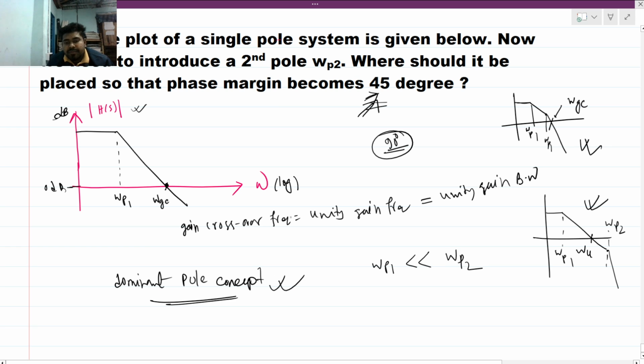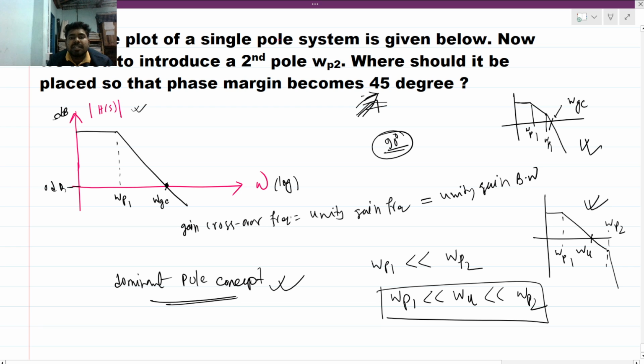Okay, and to be precise we can say that the first pole is very less than the unity gain frequency and very less than omega p2. Okay, so this is our dominant pole concept, so that we can achieve a sufficient phase margin of 45 degrees. Okay, so we need here to use dominant pole concept. Okay, so let's do it.